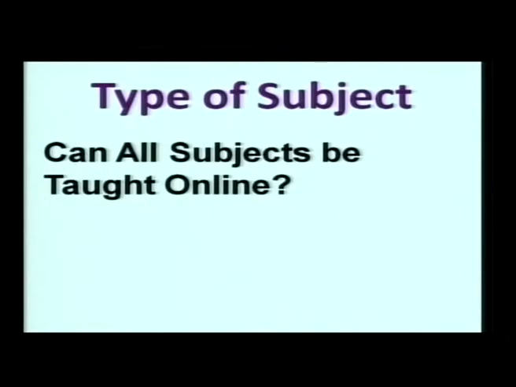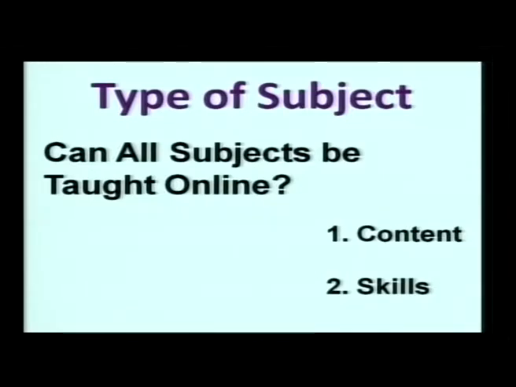So the institution again has to find out whether all subjects can be taught online. The point we want to highlight here is that certain subjects emphasize the content, and certain subjects have more of the skill component.